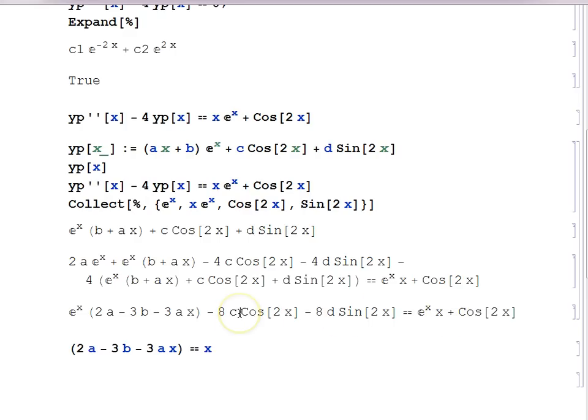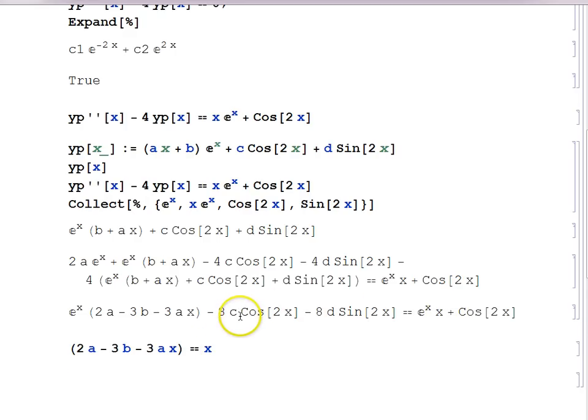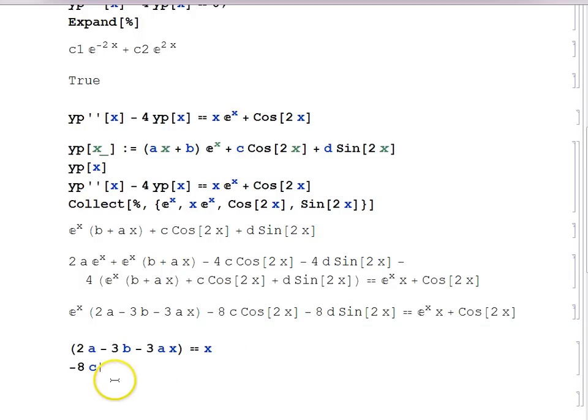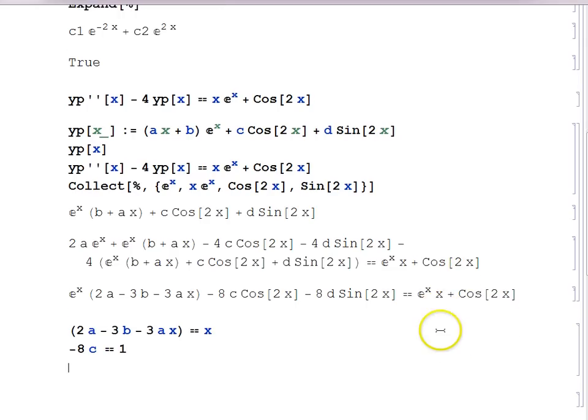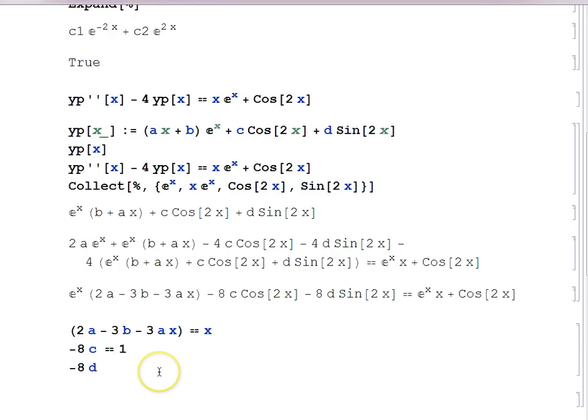I need this to be equal to 1. And I need this to be equal to 0. Okay?